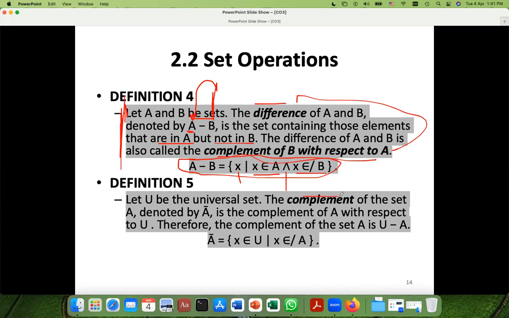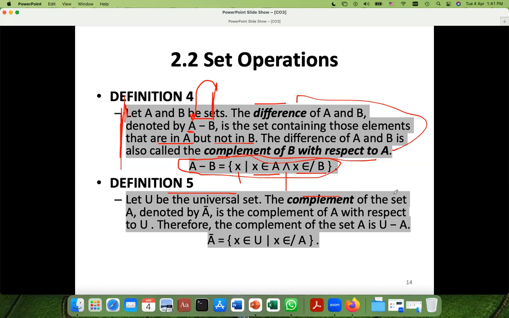And then what is complement? We have seen complement here, but now we have the proper definition for complement. If we have a universal set U, and you know what U is, containing all types of numbers, natural, real, rational, complex, all numbers are there in the universal set.